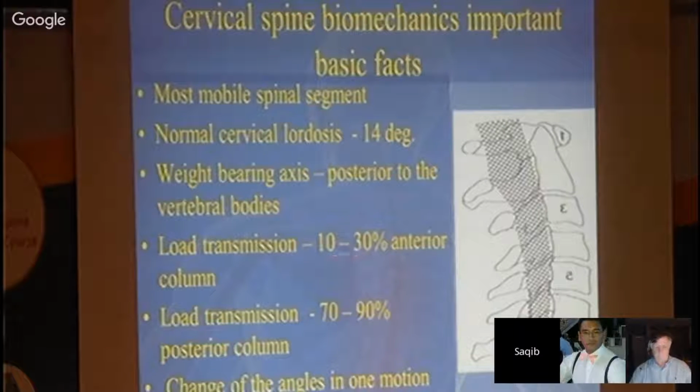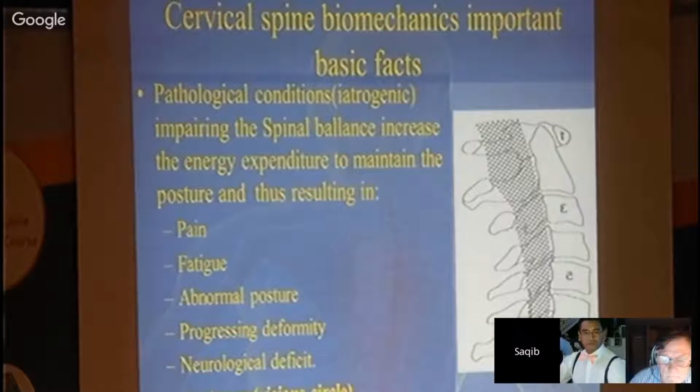Load transmission is mostly in the posterior column. If you change the angles in one motion segment, usually the adjacent segments reflect the change, and sometimes there is also a global change of the angles and then a global balance change. So you have to be careful with these things, and you have to consider the biomechanics.